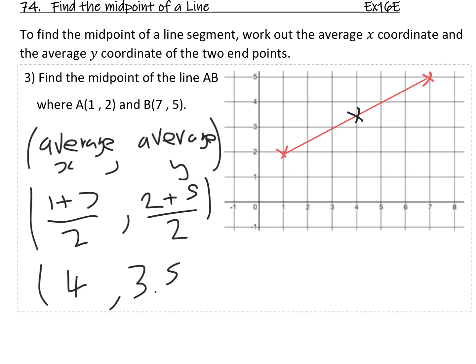You can see by getting the average of the x and the average of the y, you end up in the middle of this line segment. Those have been very neat. We should label those points A, B. And M is commonly how we would mark the midpoint, or MP sometimes.